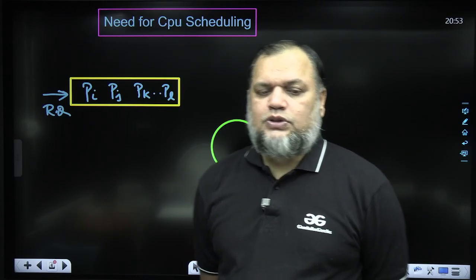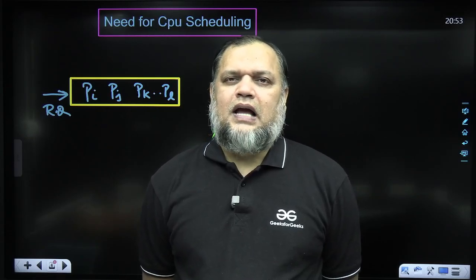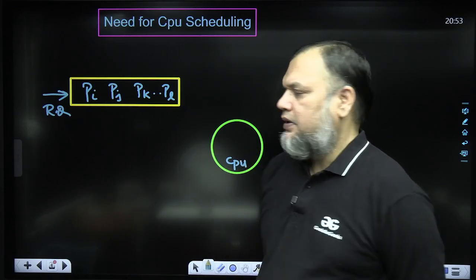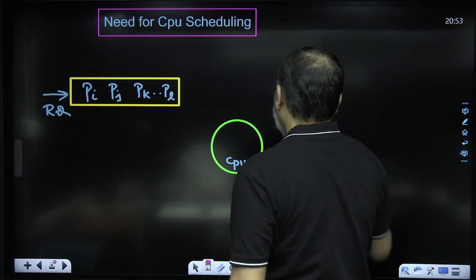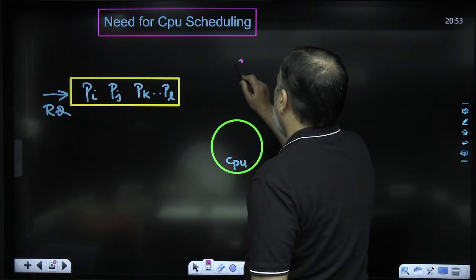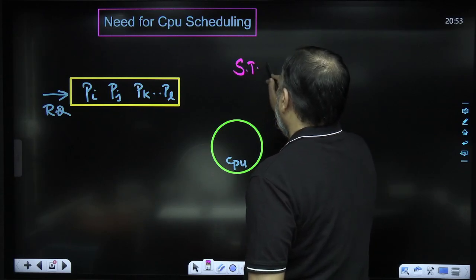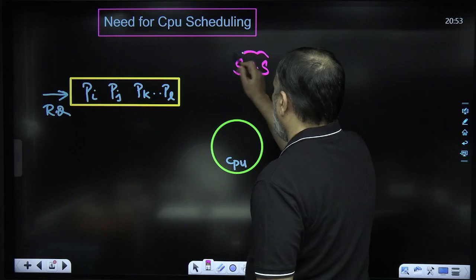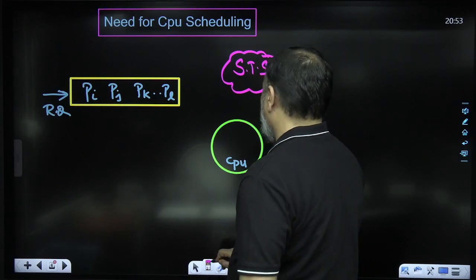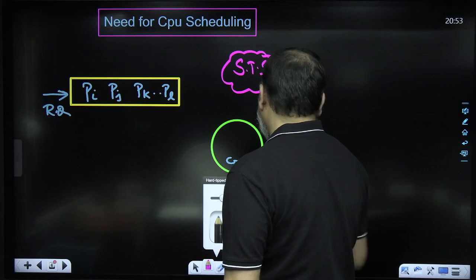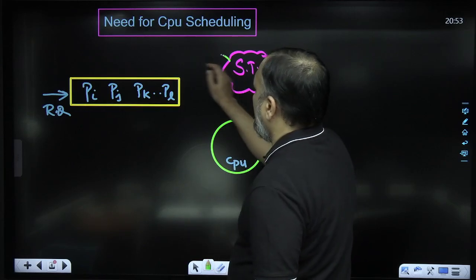For that we use some selection criteria. Using that selection criteria, we implement the algorithm known as the CPU scheduling algorithm to decide who should run next. So who is going to make that decision? That decision is made by a component of the operating system we defined earlier called the short-term scheduler. The short-term scheduler is the module of the operating system that decides which ready process should run next onto CPU.